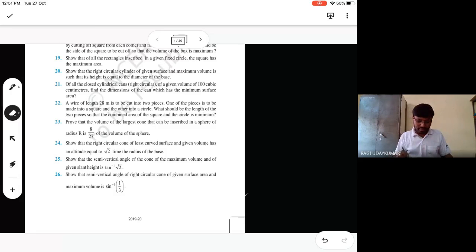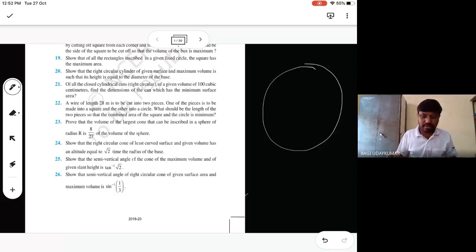Okay, the question: prove that the volume of the largest cone that can be inscribed in a sphere of radius r is 8 by 27 of the volume of the sphere.